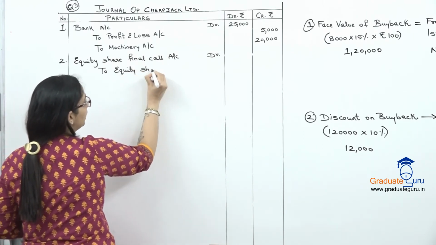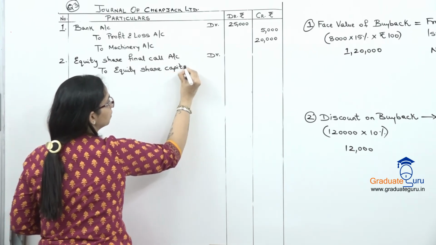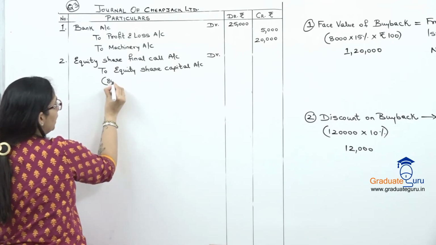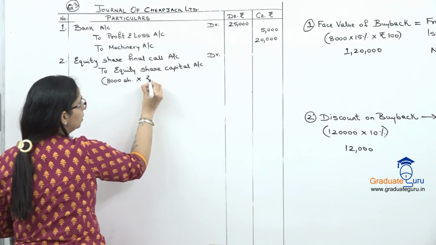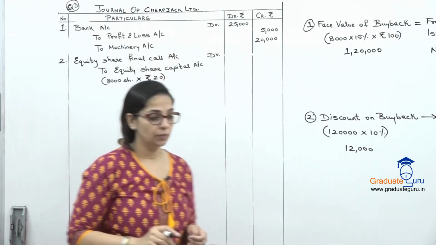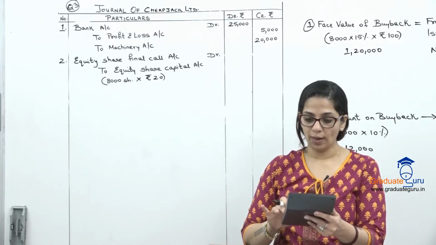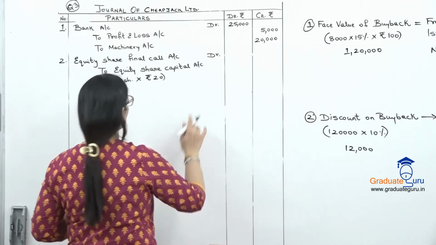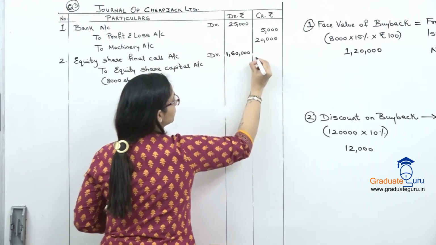I have to take money from my shareholders. How much? 8,000 shares into how much is unpaid? 20. So, 8,000 into 20 is 1,60,000. So, that will be my amount, 1,60,000.